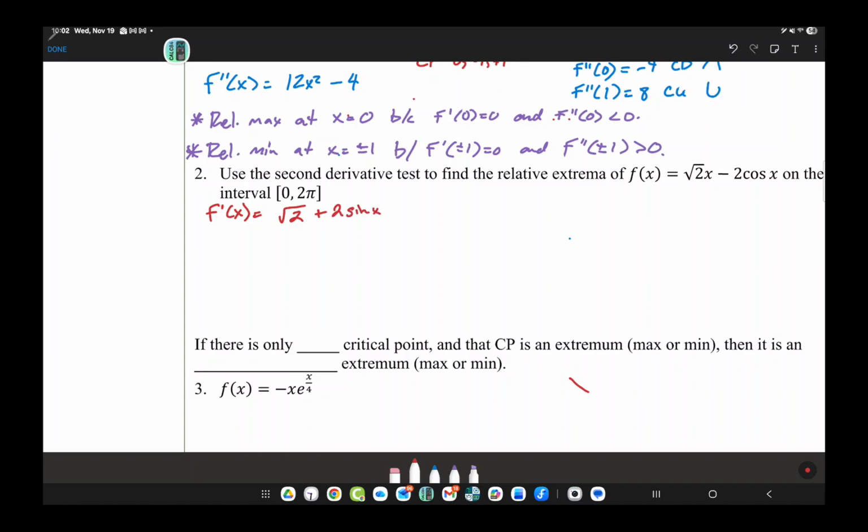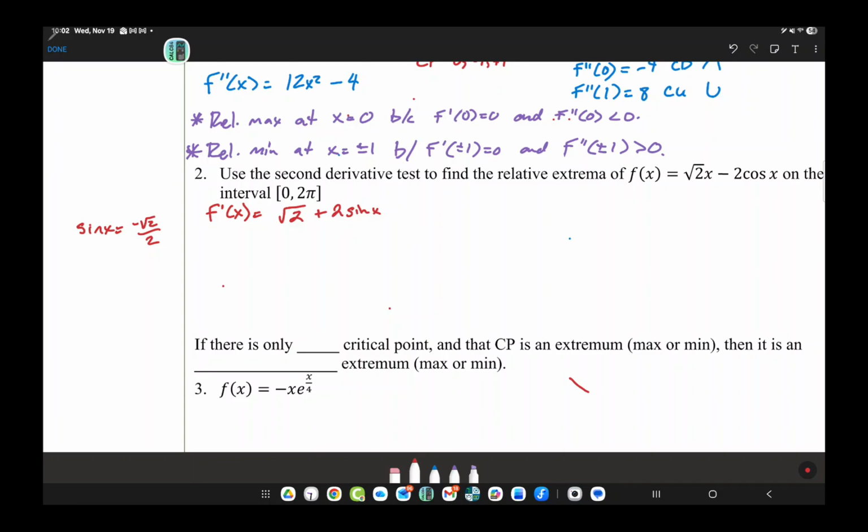So where is this equal to 0? Basically, if you set this equal to 0 and solve for sine x, you're going to get negative root 2 over 2. So where is sine x equal to negative root 2 over 2 on the interval from 0 to 2 pi?